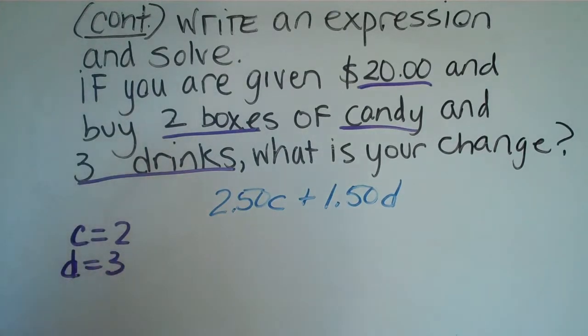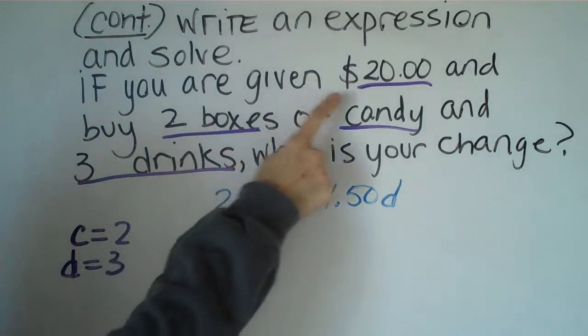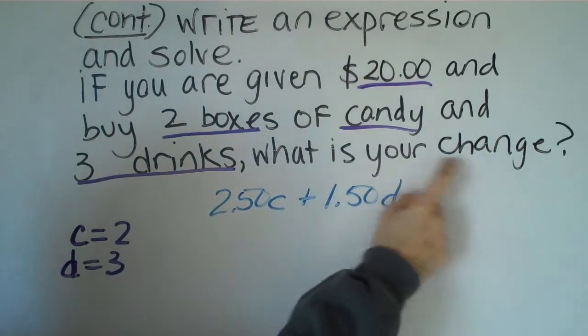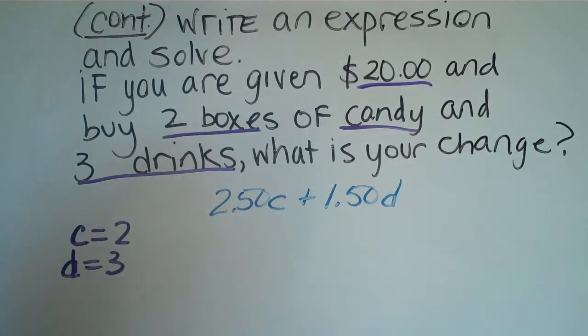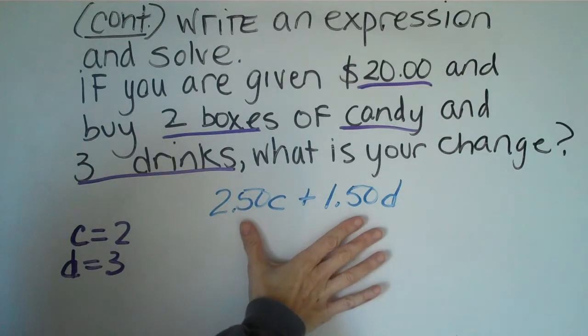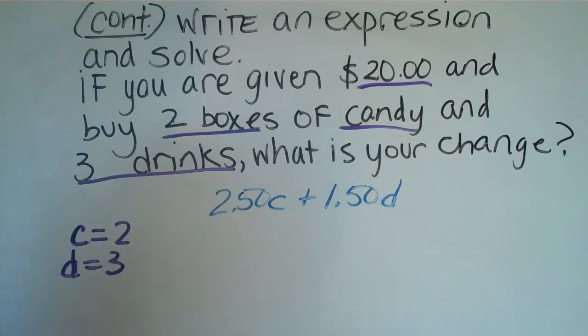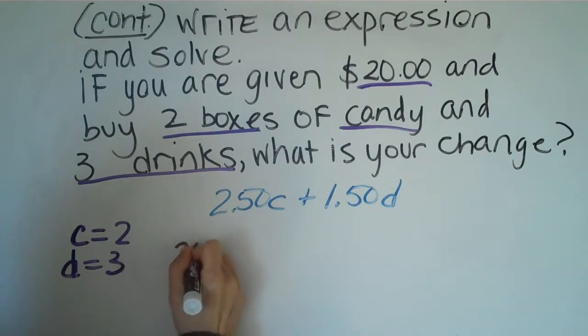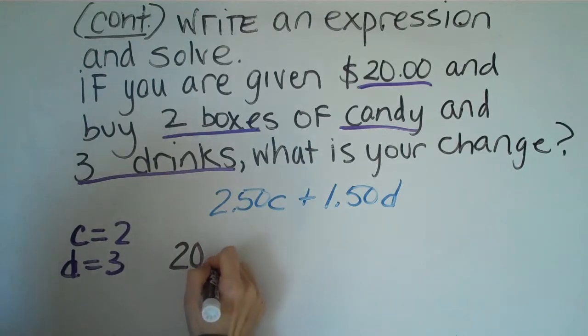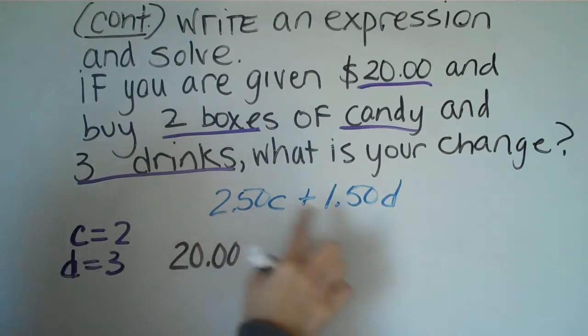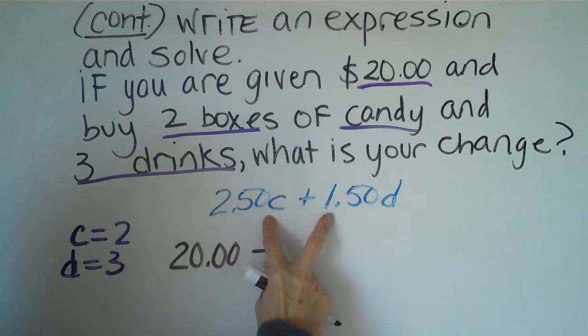The important thing to make note of is you're given $20. What is your change is the question here. Remember when we learned with profit, $20 is what you're given, and then you're going to take away whatever you're spending.